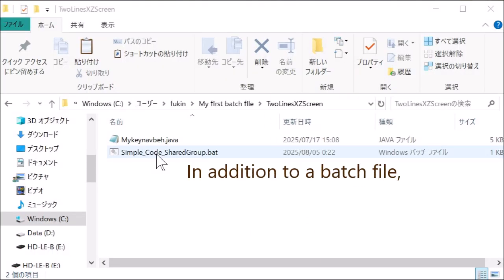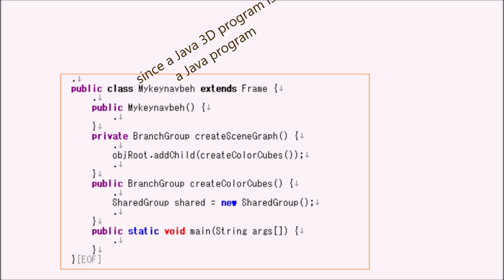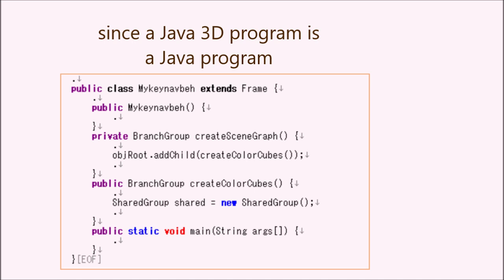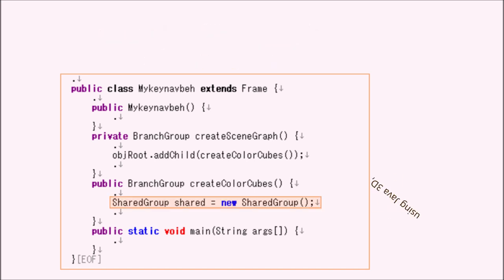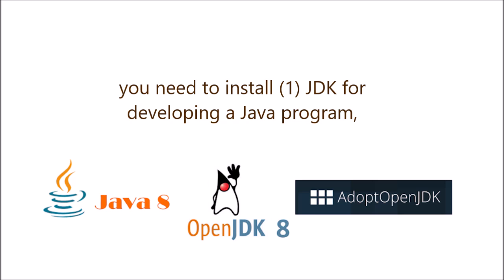In addition to a batch file, since a Java 3D program is a Java program, using Java 3D, you need to install: 1.